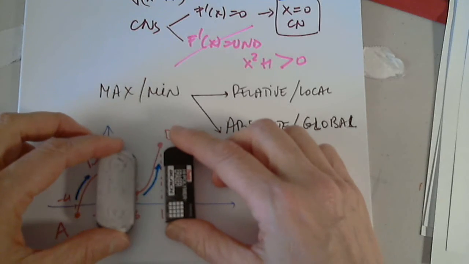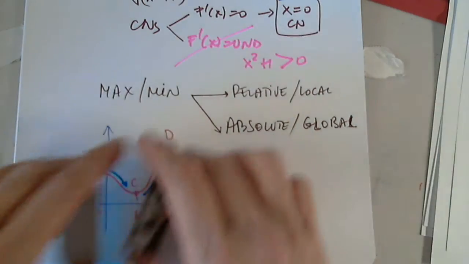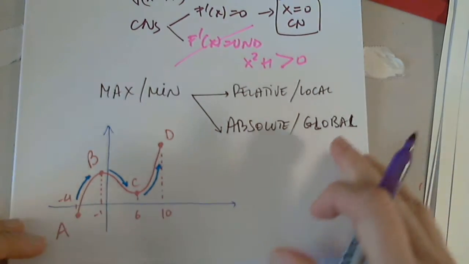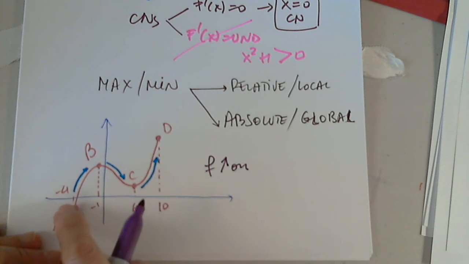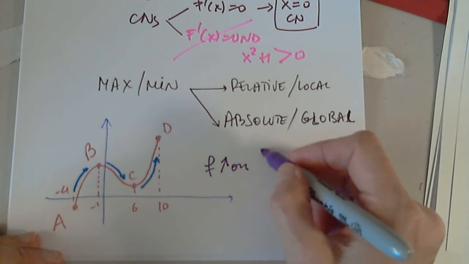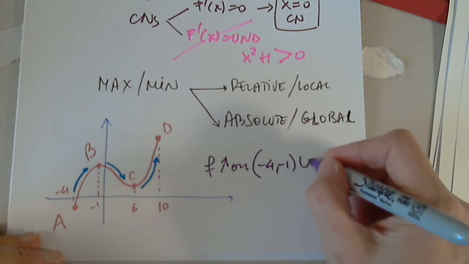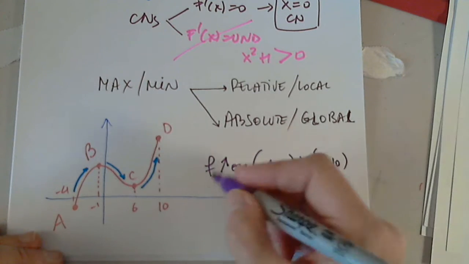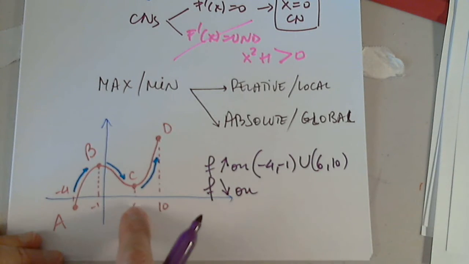And now I'm looking at this piece. Between 6 and 10, the function is increasing. How do we normally write this in algebra? Well, and calculus, we write that f is increasing on the interval -4 to -1, all parentheses, union 6 to 10, and we say that f is decreasing on the interval -1 to 6.